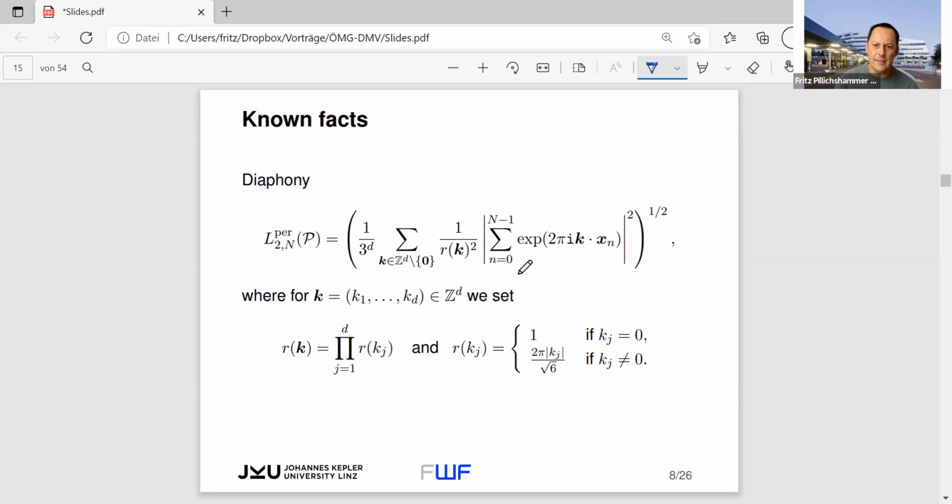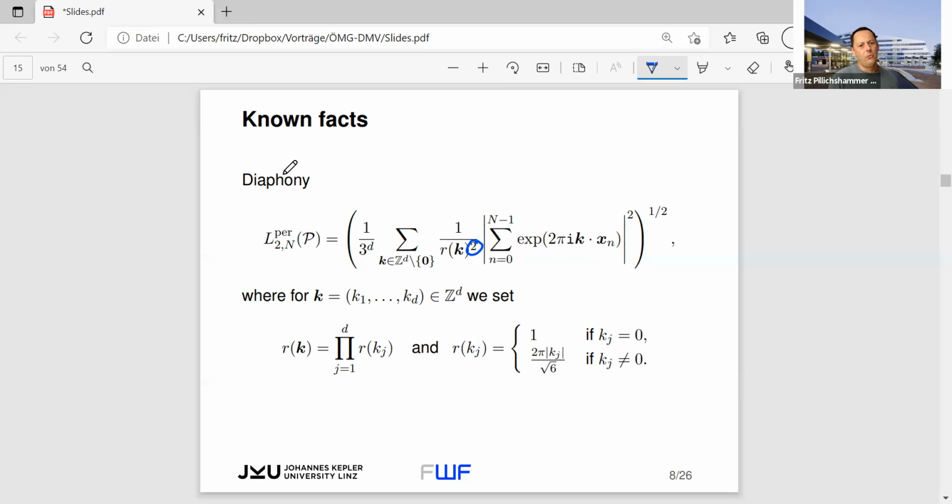Namely, what you can see here is again essentially, up to constants, the worst case integration error of a quasi-Monte Carlo rule in a Korobov space of periodic functions of smoothness 2, which is indicated by this square here. These Korobov spaces are often studied in connection with lattice points. And what you can see here is exactly such a worst case error. So already this relation is an example of a relation between discrepancy on the left-hand side and the worst case error on the right-hand side.